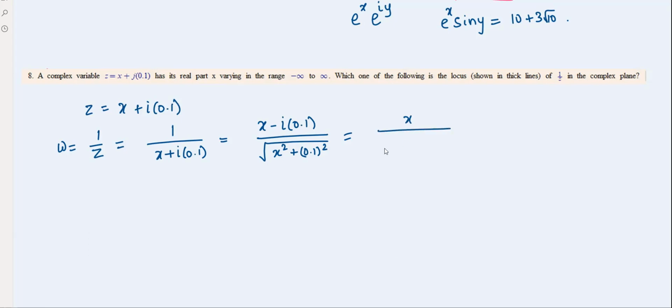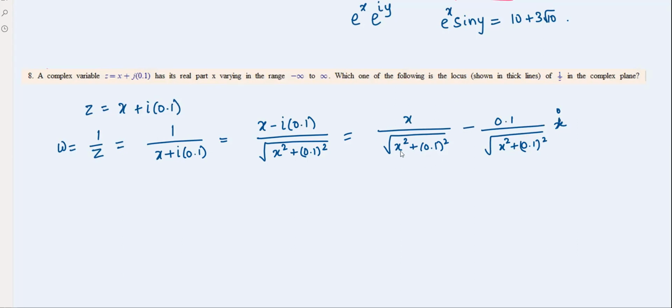So we get x by the square root of x square plus 0.1 square, minus 0.1 by the square root of x square plus 0.1 square, times i.